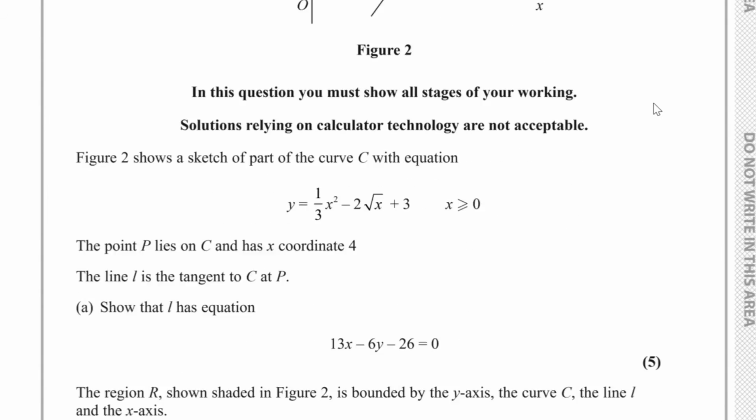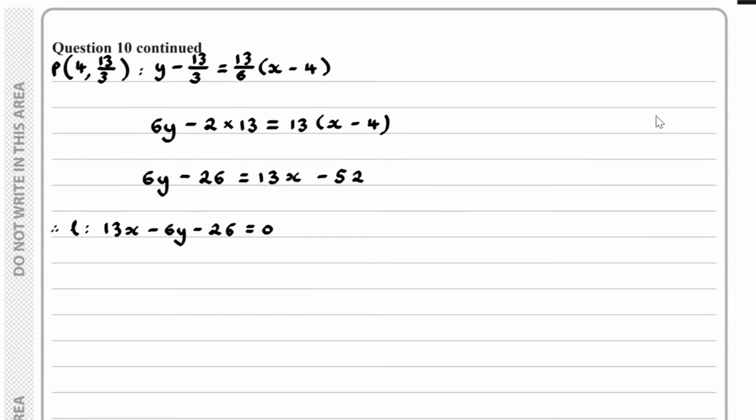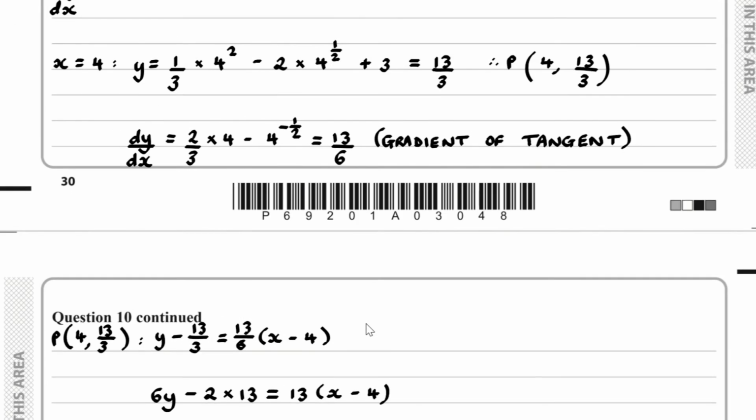To begin with, we can find out where L crosses the x-axis, and we can do that by setting y equal to 0. So we have 13x subtract 0 subtract 26 equals 0. 13x is equal to 26. x is therefore equal to 2.